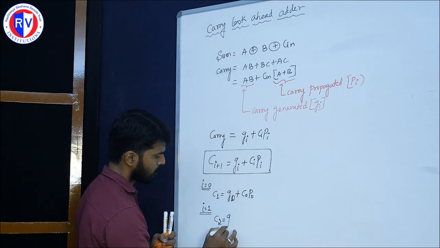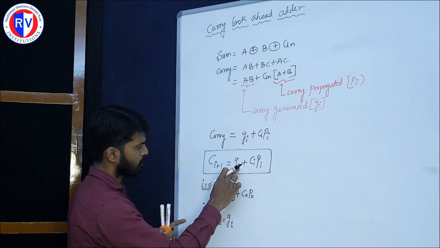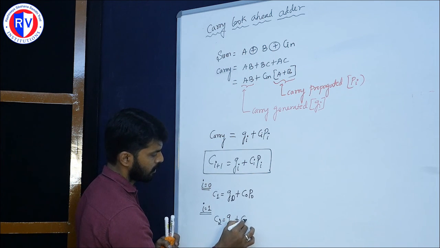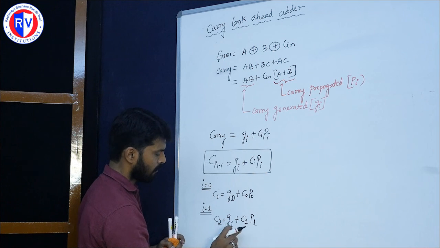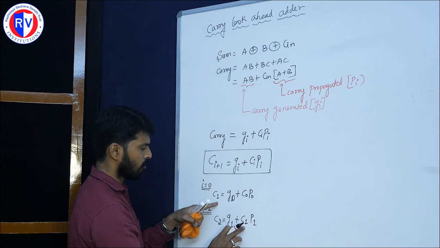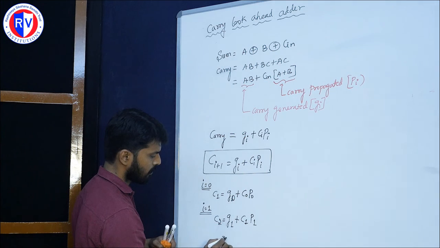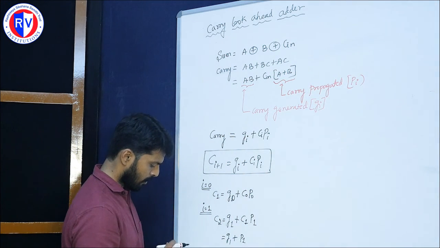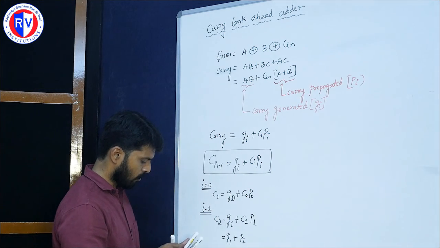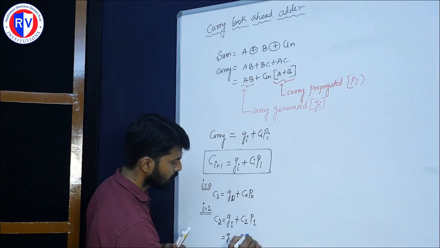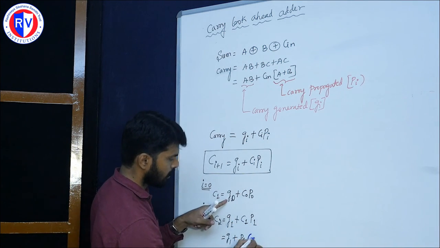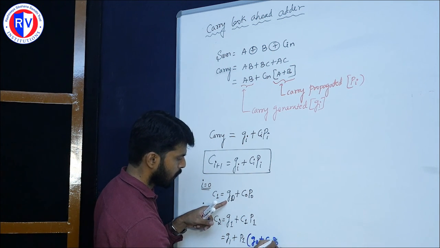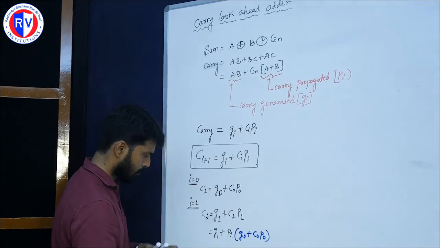Which is equal to G1, correct now? When I substitute i equal to 1, it means G1 plus C1 into P1. And we know what C1 is, because we are already getting the C1 equivalent. So we place G1 plus P1 times the C1 equivalent, which is G0 plus C0 into P0. Now I need to expand this.